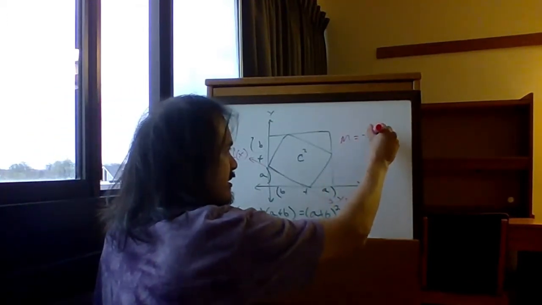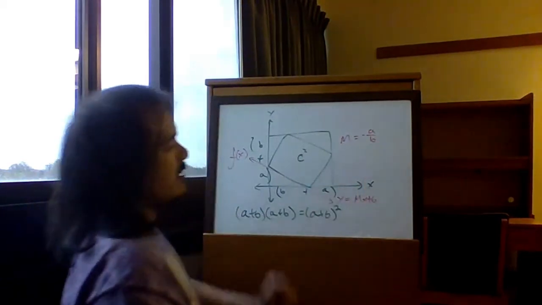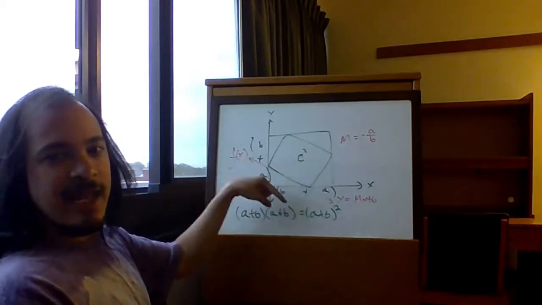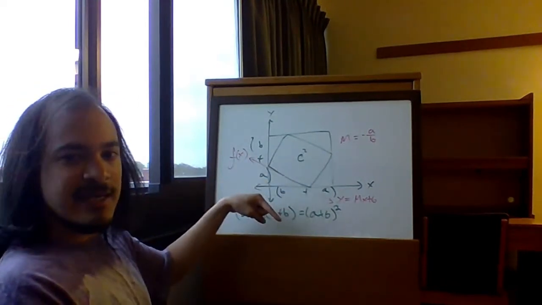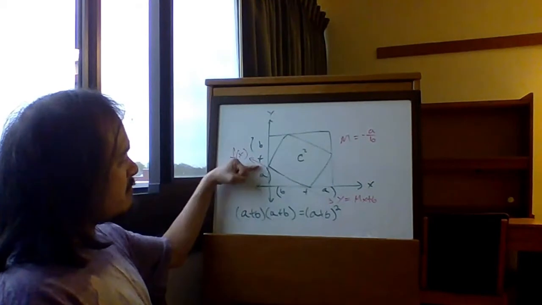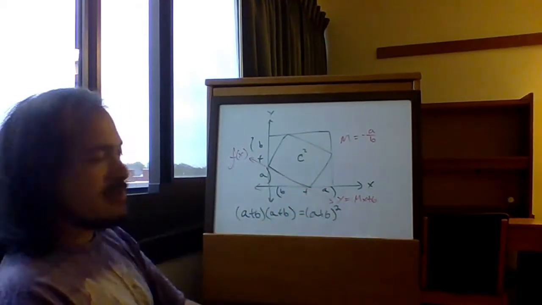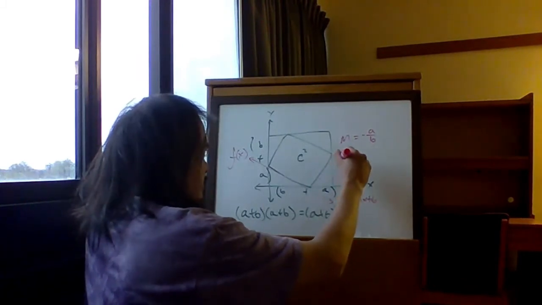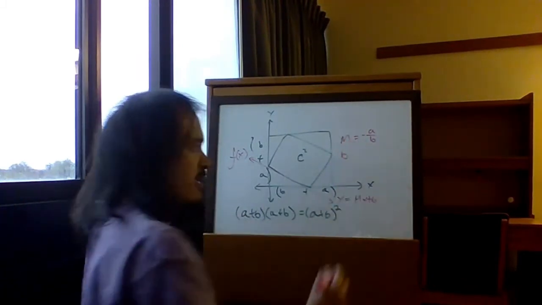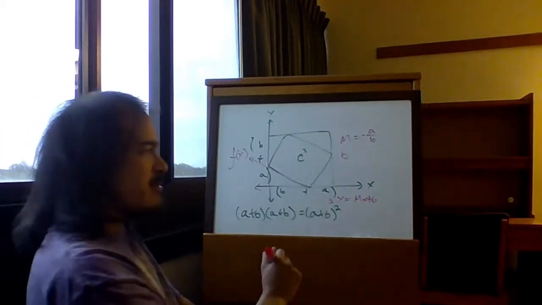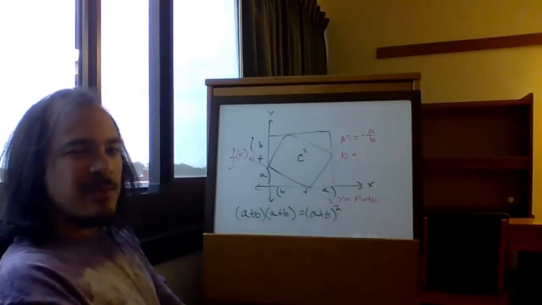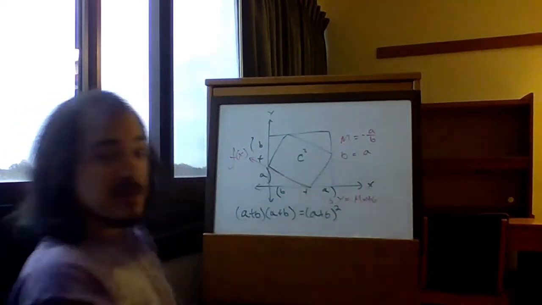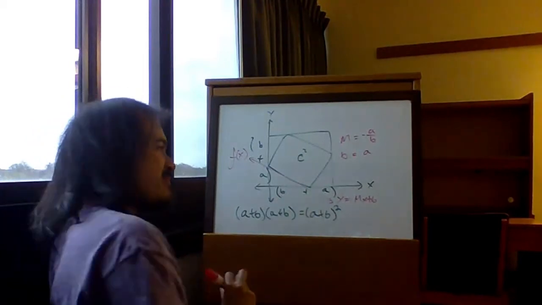So if you guessed that it was negative A over B, then you're right. It's negative because it goes down, it's descending, and A and B. So what about the y-intercept? What is the y-intercept? If you guessed A, you would be correct.